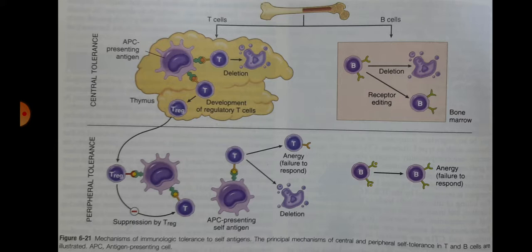The second signals are provided by certain T cell associated molecules such as CD28 that bind to their ligands, the co-stimulators B7-1 and B7-2 on antigen presenting cells.